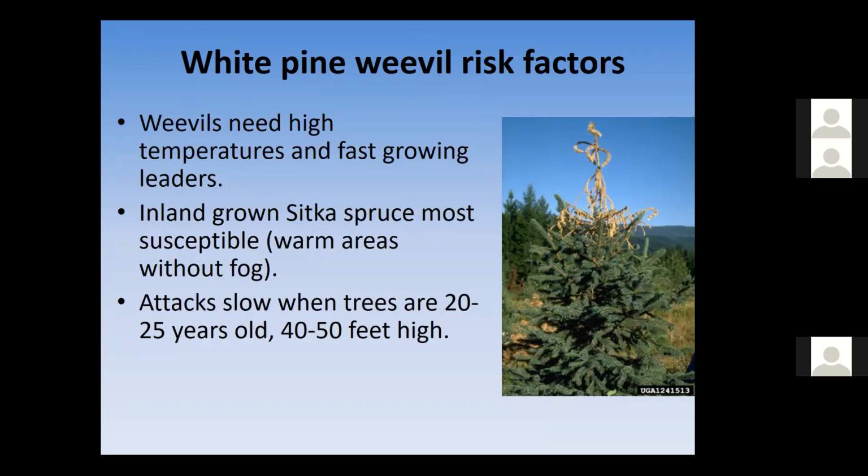You get closer to the coast, you get more fog banks and more shading, then the leaders grow slower, and so less issue with the weevil. They like younger trees, but once they get to be about 20, 25 years old, 40, 50 feet high, they just naturally stop attacking those trees. So eventually, even though it looks horrible, these trees will grow out of it.